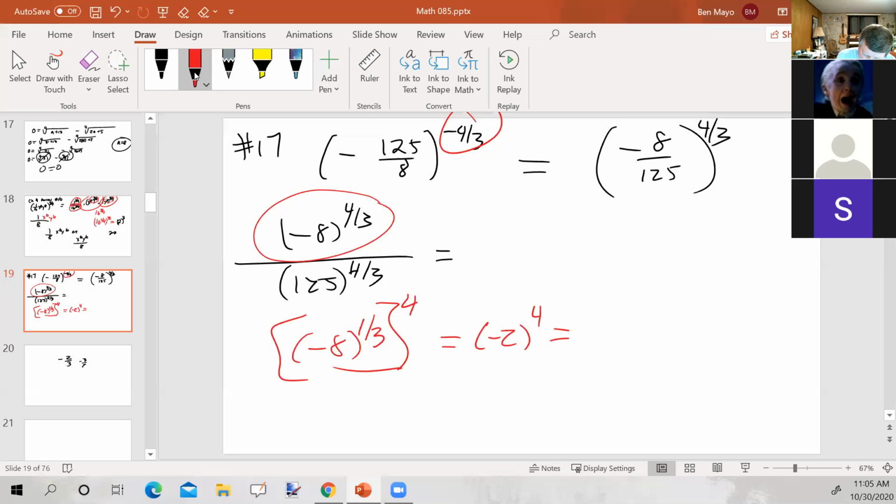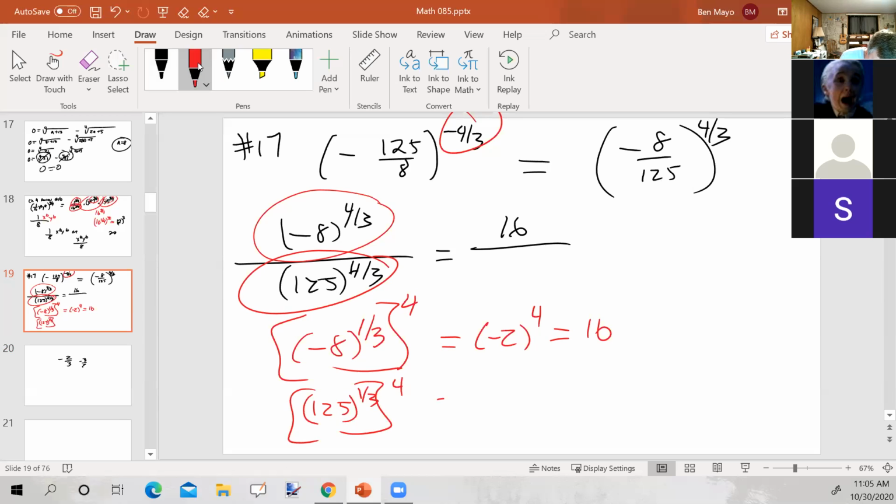Positive, but you've got 2 times 2 is 4 times 2 is 8 times 2 is 16. Okay. All right. Now let's take 125 and the same thing. We're going to do the root first and then the exponent. What's the cube root of 125?